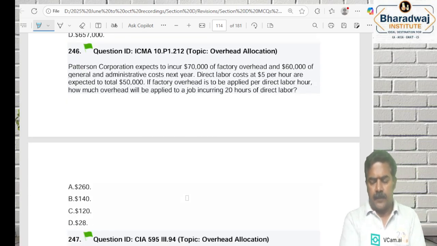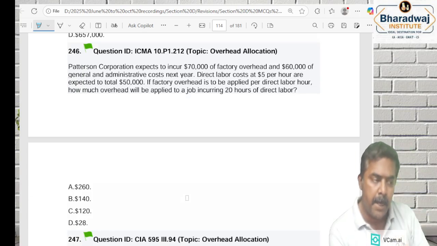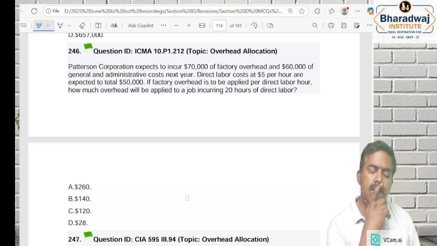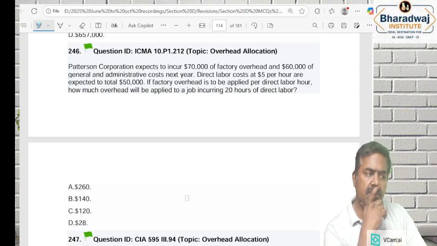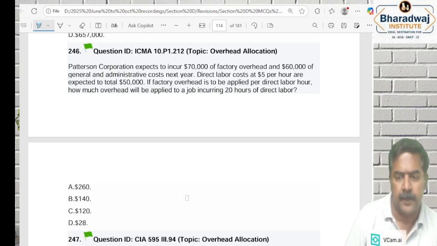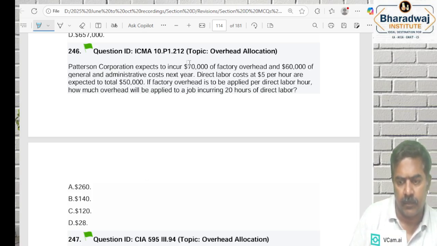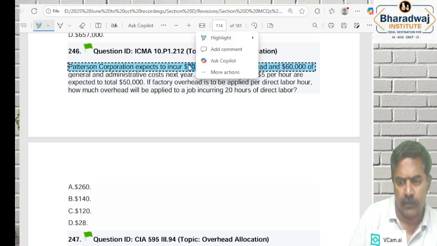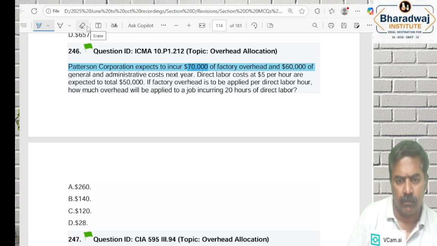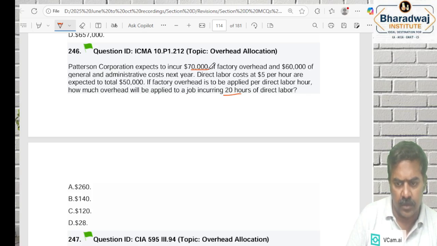Go to 246. 140, how 140? 70,000 by 10,000, 7 per hour. 70,000 divided by total hours.